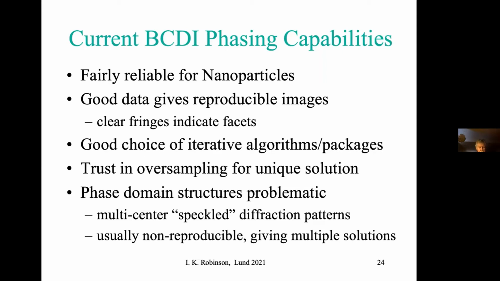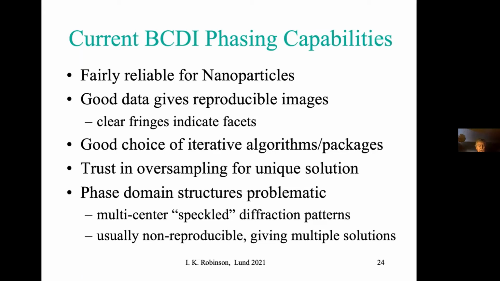Characteristically, these give multi-center diffraction patterns. That means instead of having one bright center of the diffraction pattern, you get several centers, and they are different. The centers are offset in this sort of random way that looks like speckle.